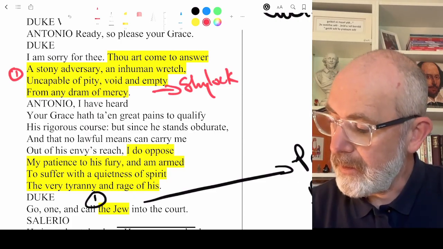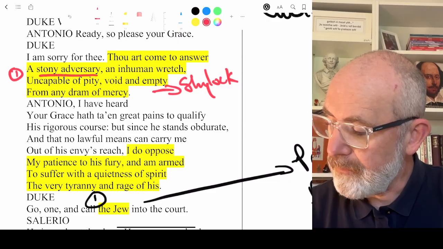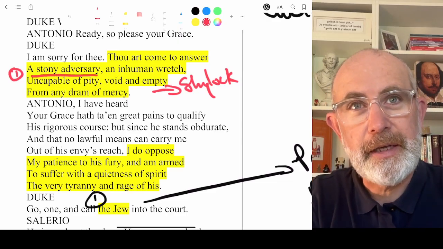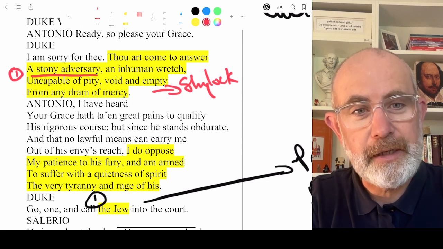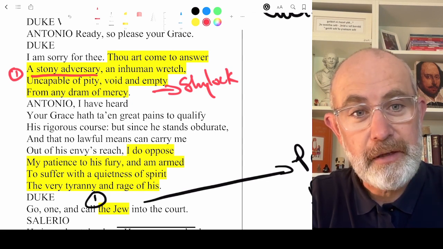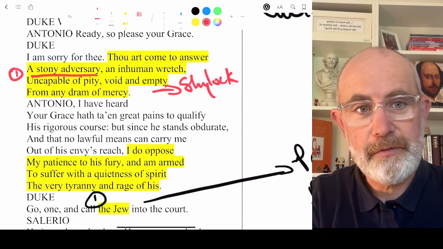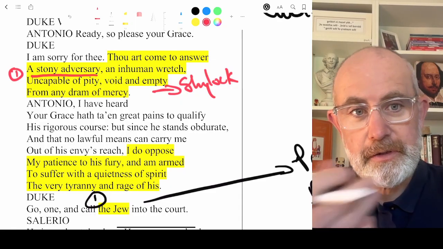I love the idea of Shylock being a stony adversary, tough, strong, but also the idea that he has no heart, he has no humanity, that he doesn't feel. And there's no sense from the Duke that maybe Shylock does feel, and that his behaviour is a result of his feelings of injustice.